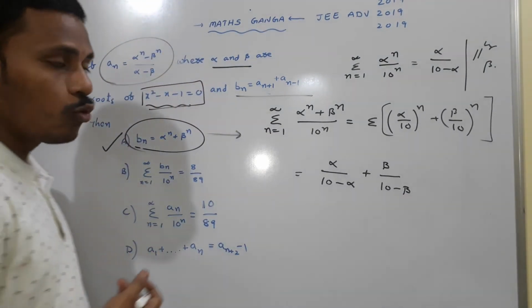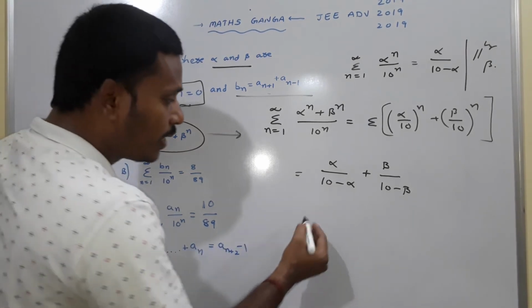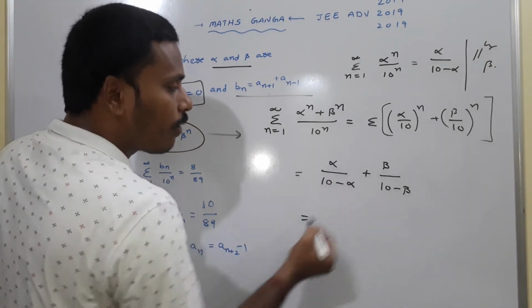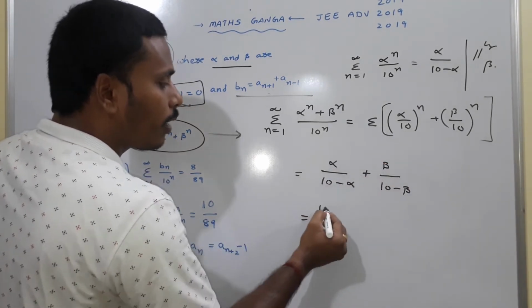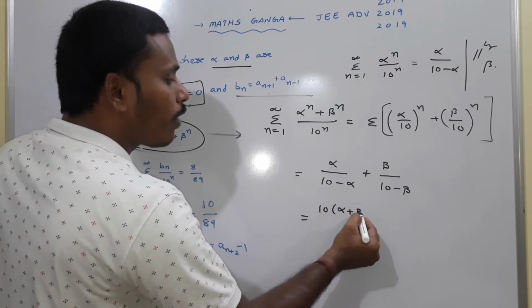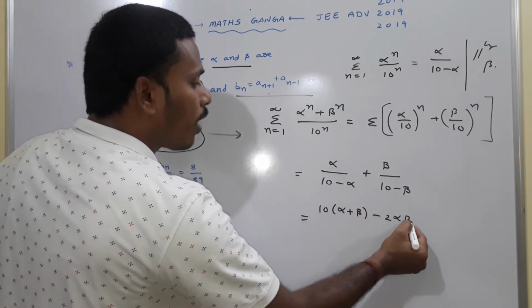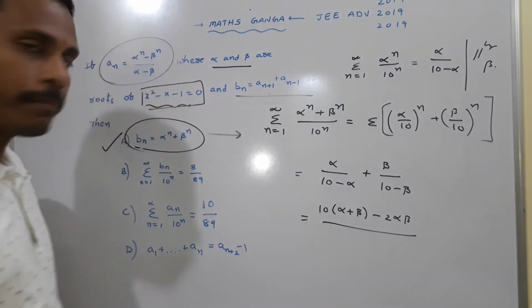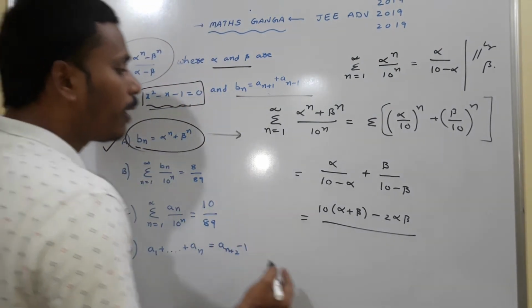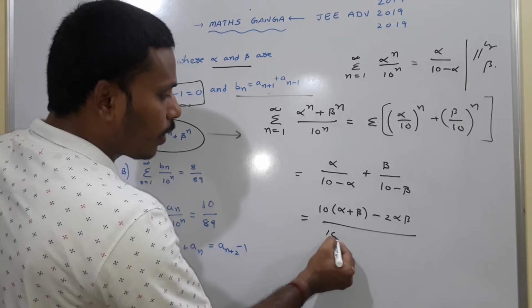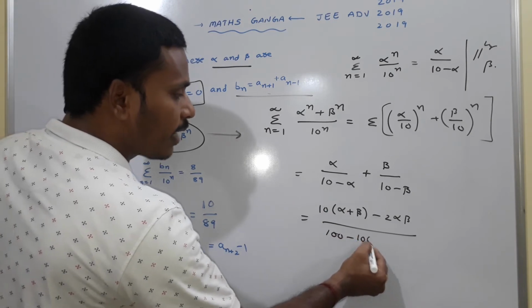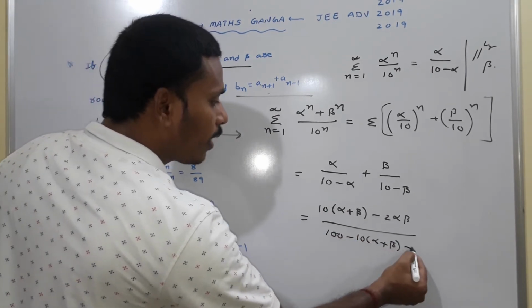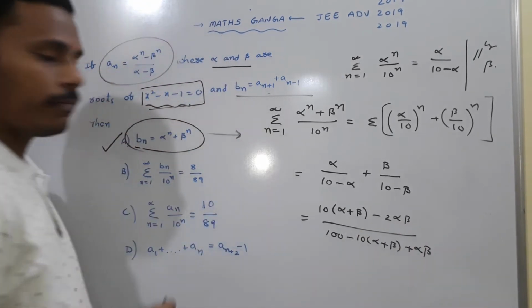Now if you simplify by taking the LCM, we have 10 alpha minus alpha beta plus 10 beta minus alpha beta, so 10 times alpha plus beta minus 2 alpha beta, divided by 10 minus alpha into 10 minus beta, otherwise 100 minus 10 times alpha plus beta plus alpha into beta.